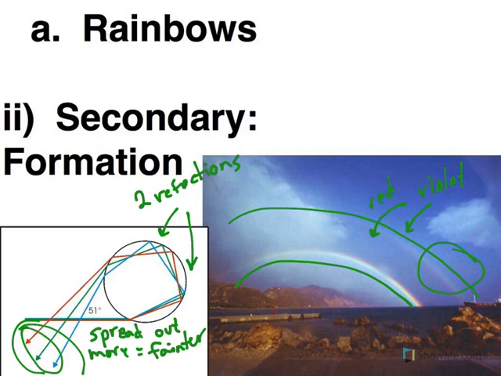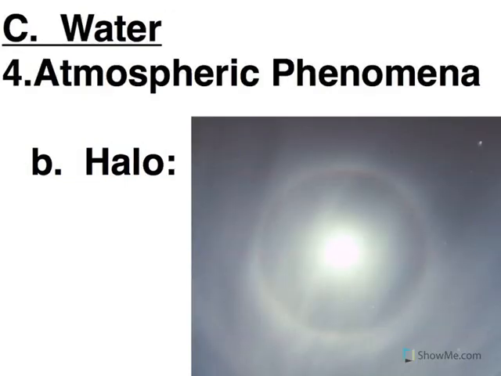So with 2 reflections, that, I realized I left out the L in reflection, that reverses our colors, and it spreads it out more, which is going to give us a fainter secondary rainbow. You can even have a third rainbow, a tertiary rainbow, with 3 reflections in the water droplet, but that's exceedingly rare. So rainbows, everyone has seen a rainbow.